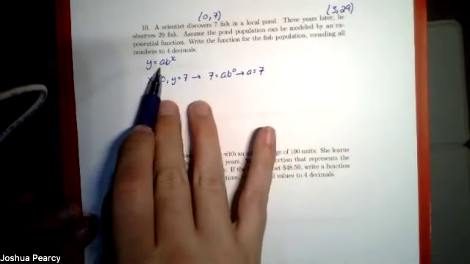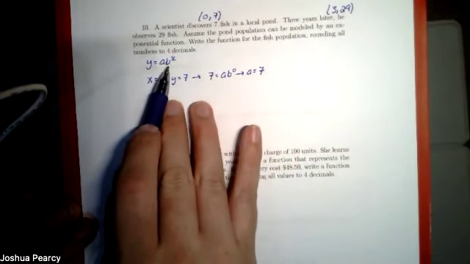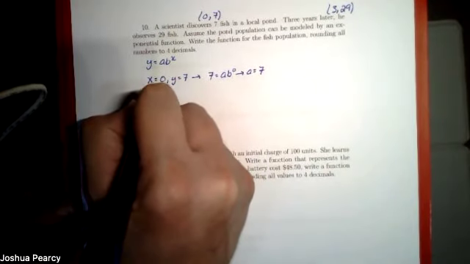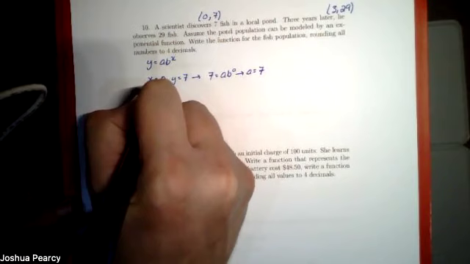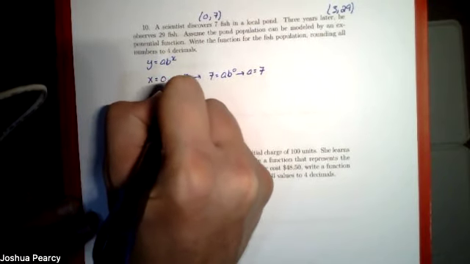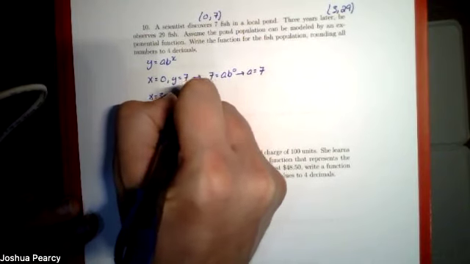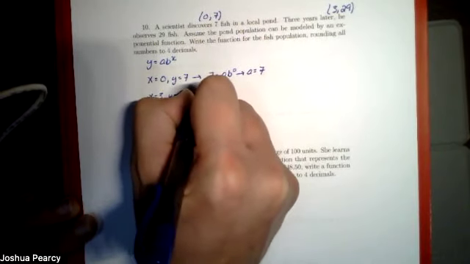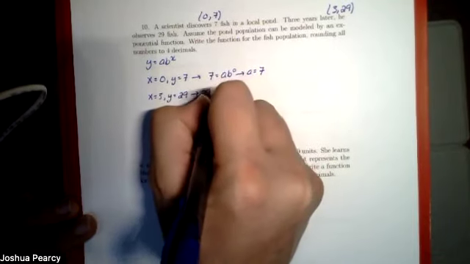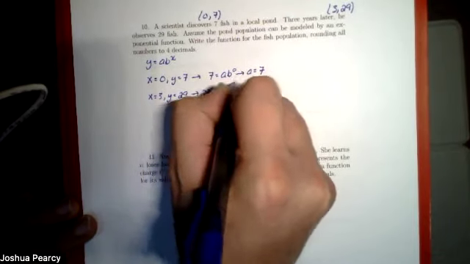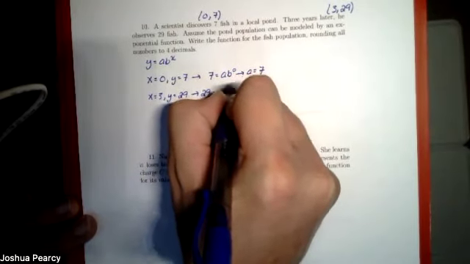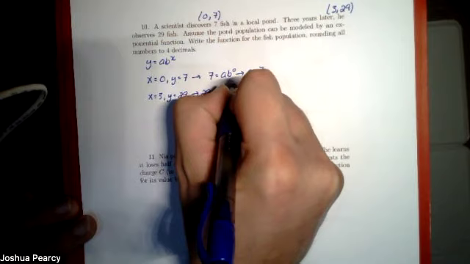So now we know what a is. We just need to solve for b. So let's use our second point up here: x is 3, y is 29. Then we have that 29 is equal to a, which was 7, times b to the third.